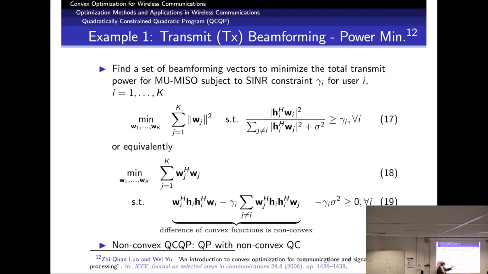So this is PSD, so this is a convex function. And here I have something similar, this is also a convex function. And you remember the sum of two convex functions is convex. But here I don't have a sum, I have a difference of two convex functions, and this is something that we don't like. This is typically non-convex.